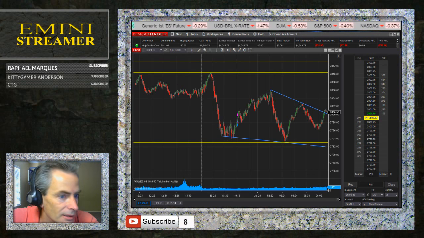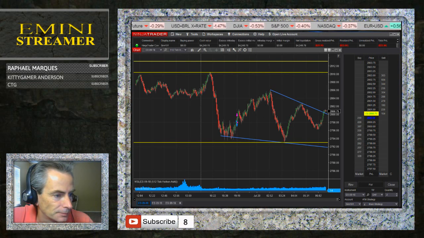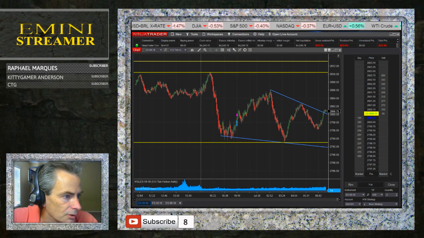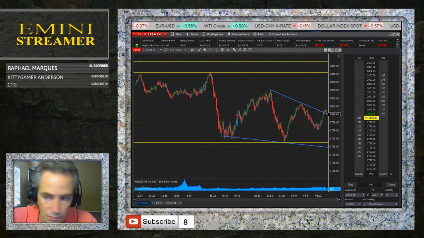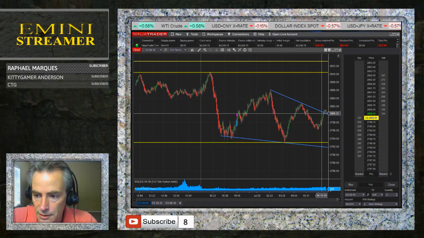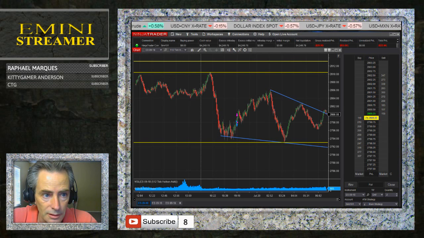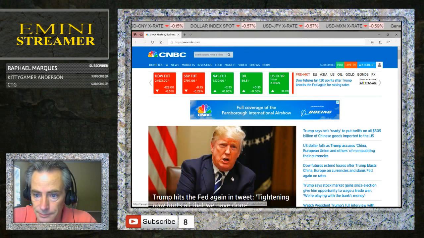Yeah, it got stopped out. So as of right now, it looks like the markets are moving lower. See if that continues or if it's going to come back.